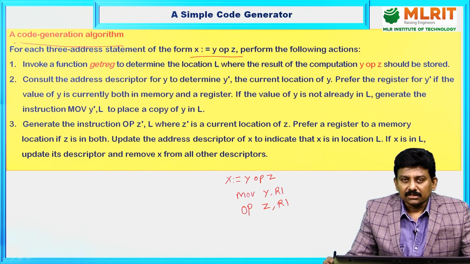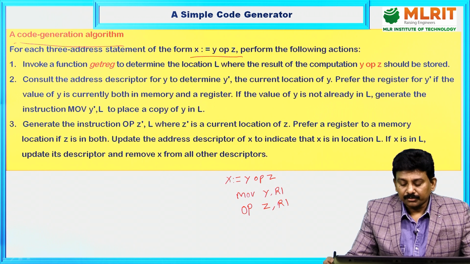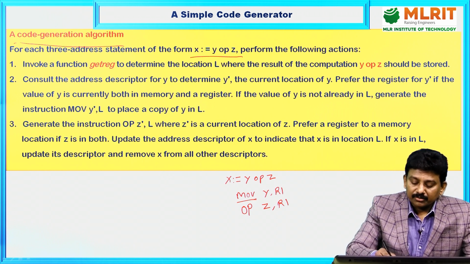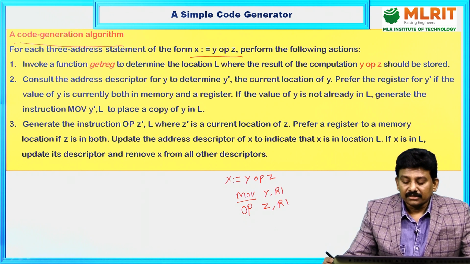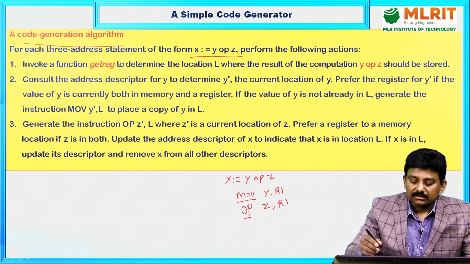Registers are limited in number, and the size of the register compared to memory is smaller and faster, so we prefer to use registers rather than memory. First operation, the move operation: we move the value of y to a register r1. Then perform the operation on z.